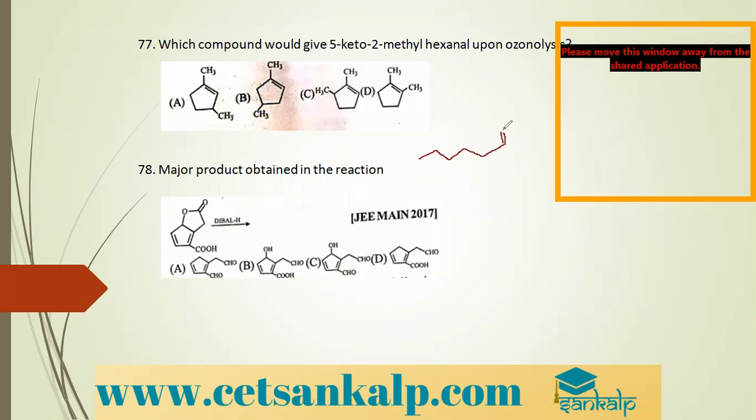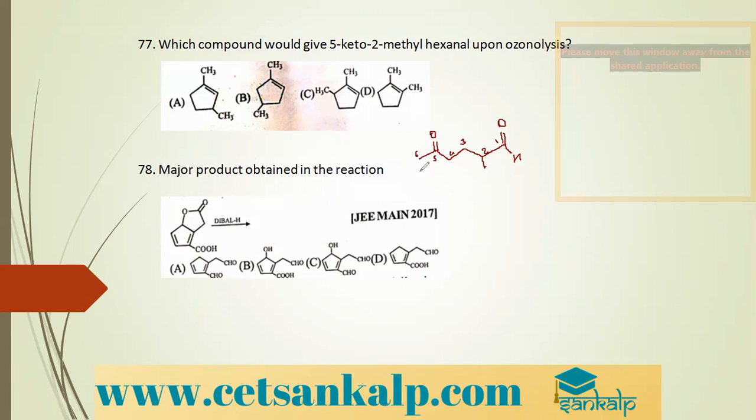At the 5th carbon, there is a keto group. 5-keto, 2-methyl. So this is 2-methyl hexanal. So 6 carbons. This is the compound.